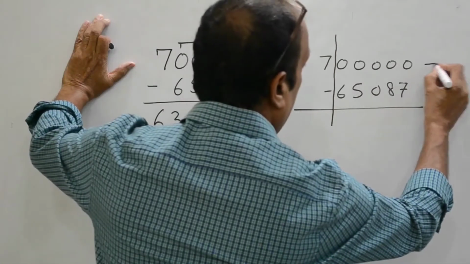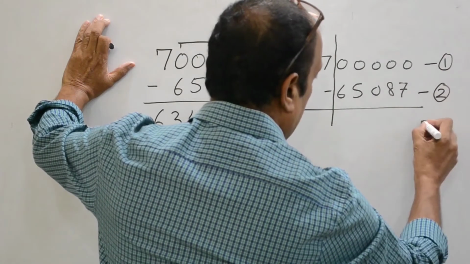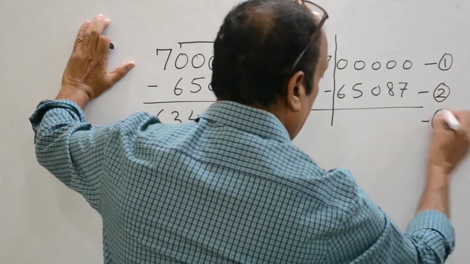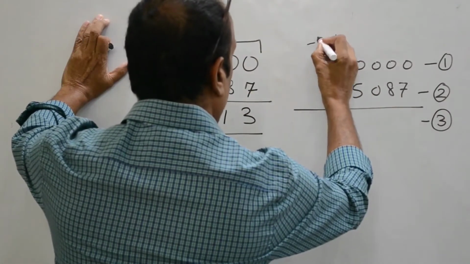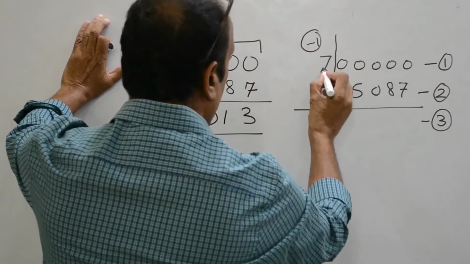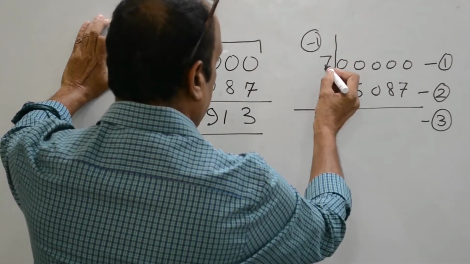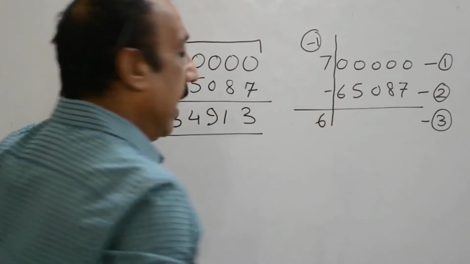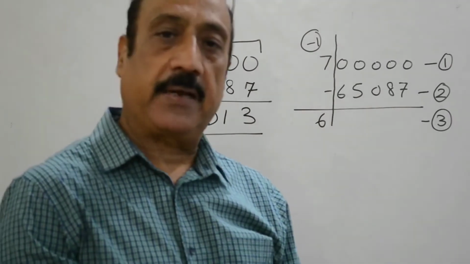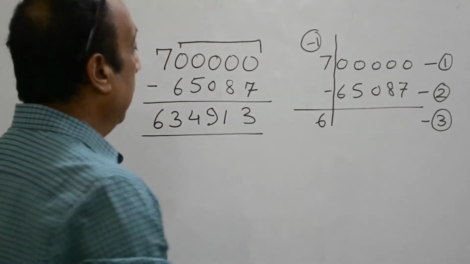This is our line number 1, this is line number 2, and the answer line is line number 3. Now subtract 1 from the number on the left hand side. When 1 is subtracted from 7, we get 6. Please note that we always subtract 1 from the number on the left hand side.